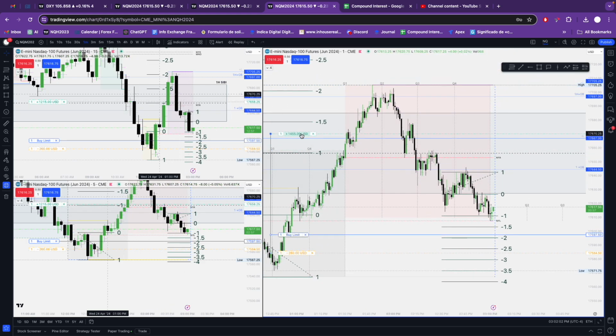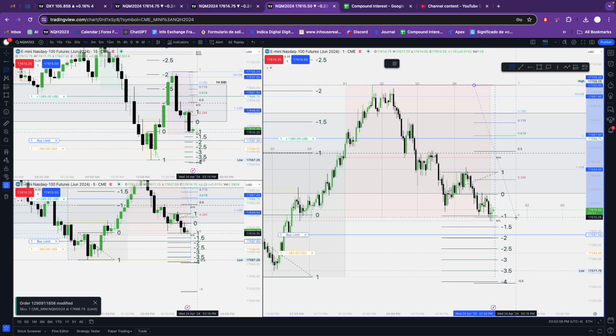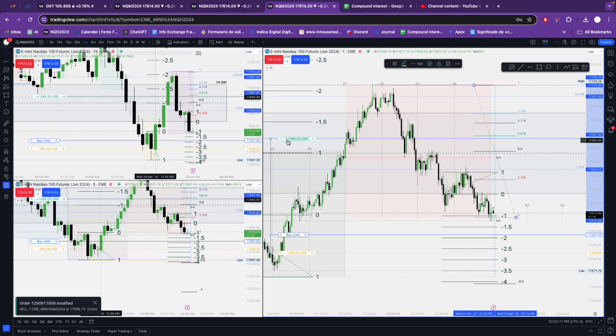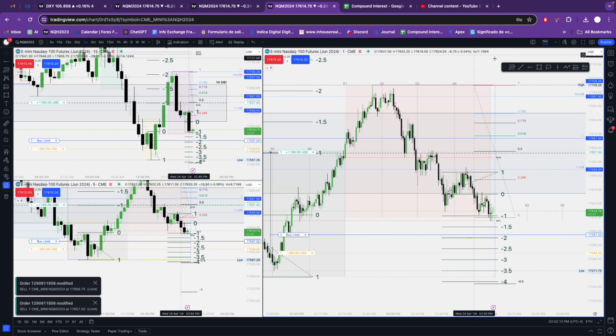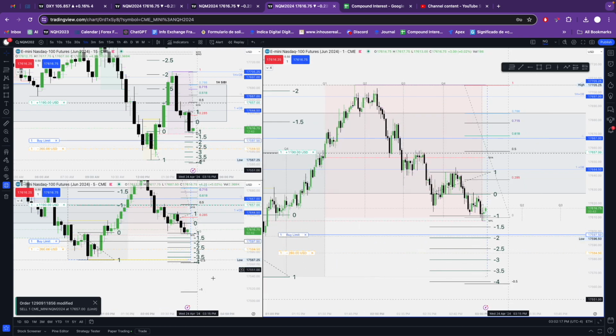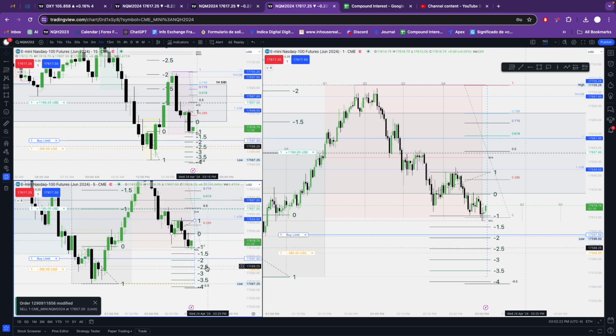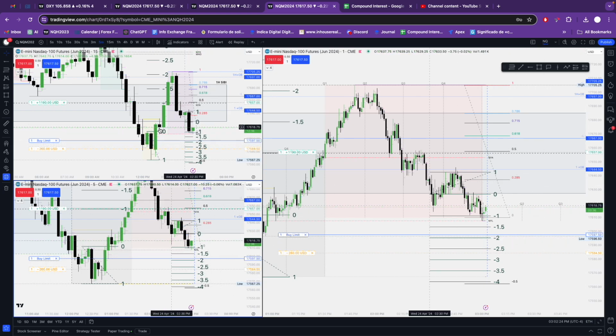All right, so we're now in a new quarter, right? Boom. 0.5 could be the area we can run into. -1. I would like to see a move down here on the 5.